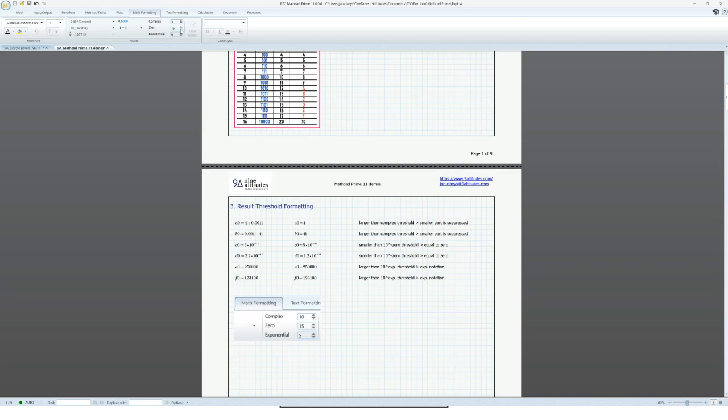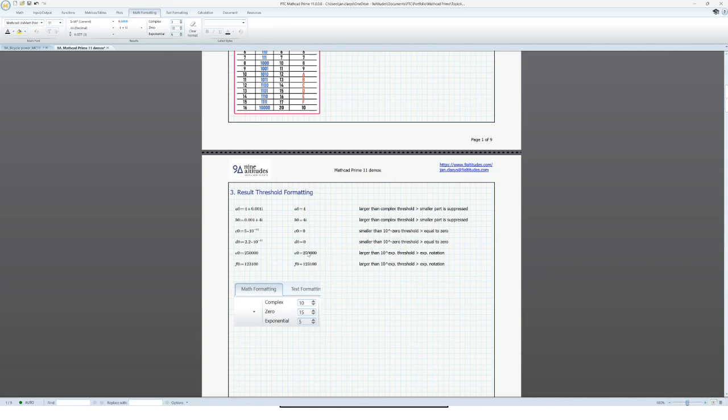So that means since 5 times 10 to the negative power of 11 is smaller than 10 to the negative power of 10, the value is 0. I think that's quite clear, at least I hope.